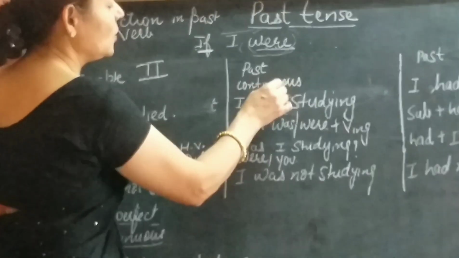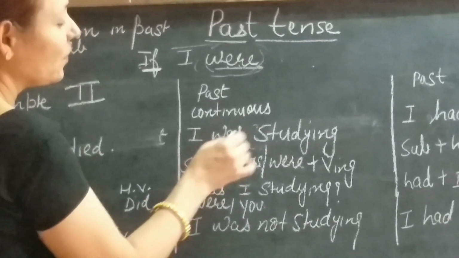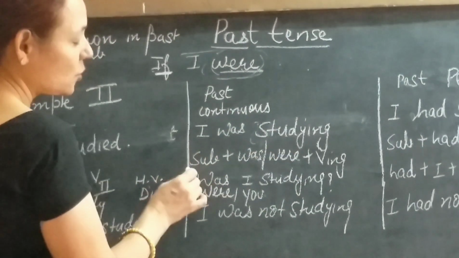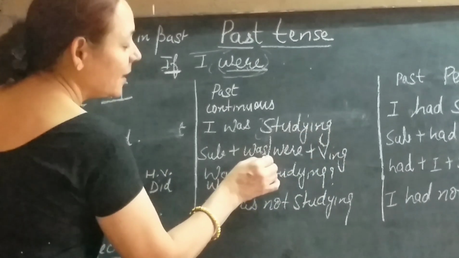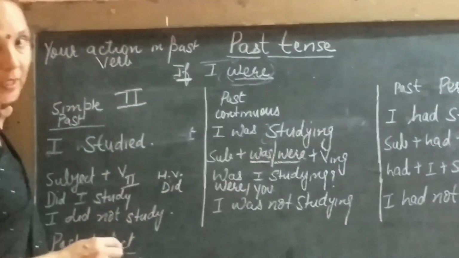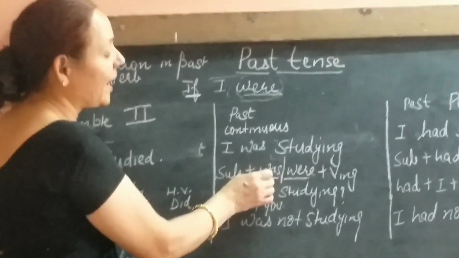Now, past continuous, I was studying. Now, there are two helping verbs, was or were. So, structure becomes subject plus was or were plus ing. Now, I told you in the video of the present tense that the same rule applies over here.